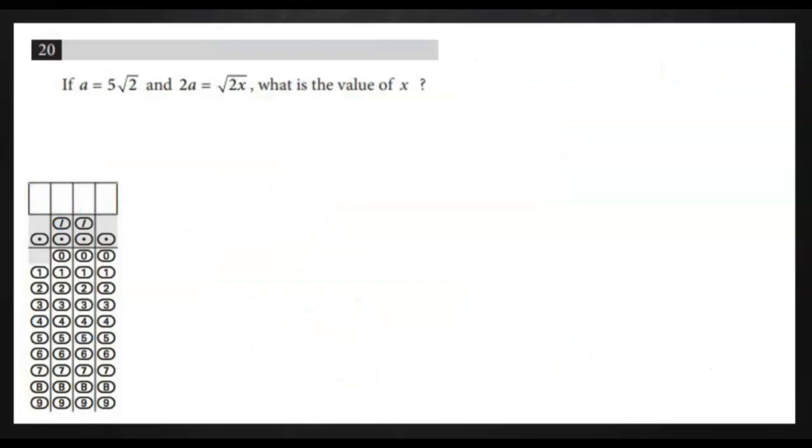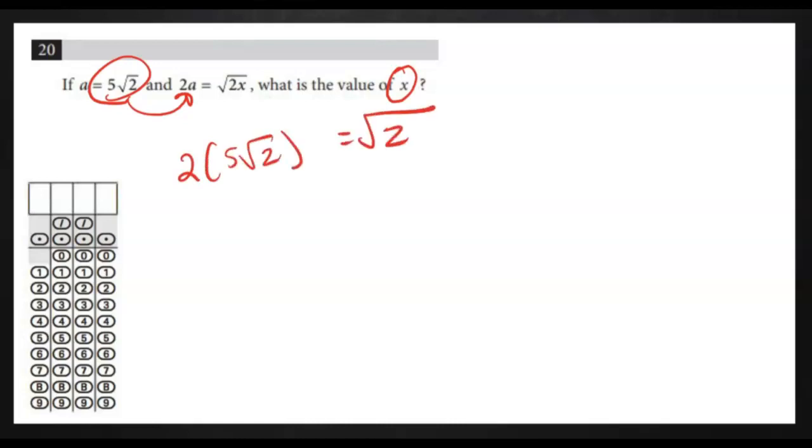Okay, here's the last question, guys. You're doing so good. So last question, here we go. If I have a is 5 square roots of 2, and I know what 2a is equal to, I want to find x. So I know a, let's substitute that in. So 2 times 5 square roots of 2 is equal to the square root of 2x. Okay, I can go ahead and multiply. So I multiply just my outside numbers. Keep that radical there. Bring down the rest of your question.